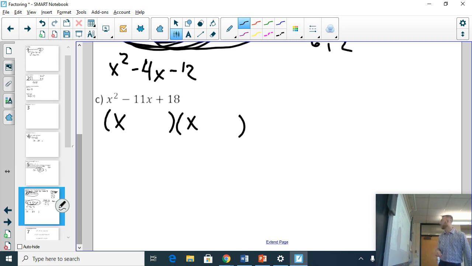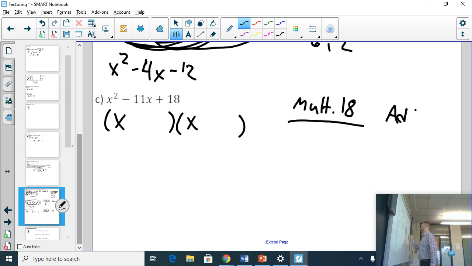And then we need to multiply to 18 and add to -11. And these signs give away things, right? Since we have a positive on the outside here and a negative on the middle term, the only way to get a negative on the middle term is if we have subtraction somewhere, right?